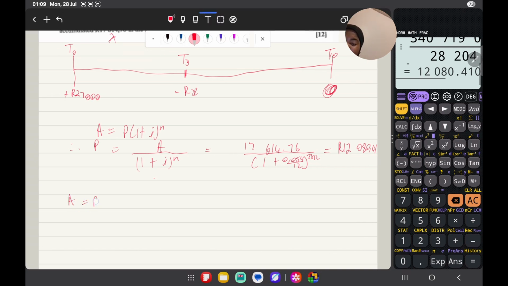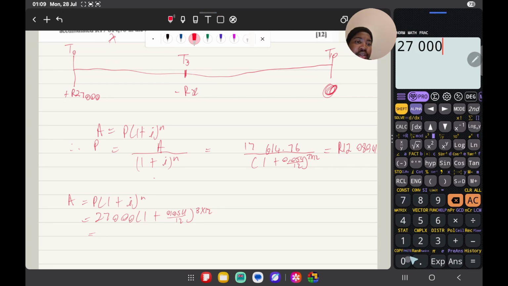So A equals P times 1 plus i to the n, 27,000 times 1 plus 0.054 over 12, to the power of 3 times 12. This is me finding out how much the 27,000 got to.